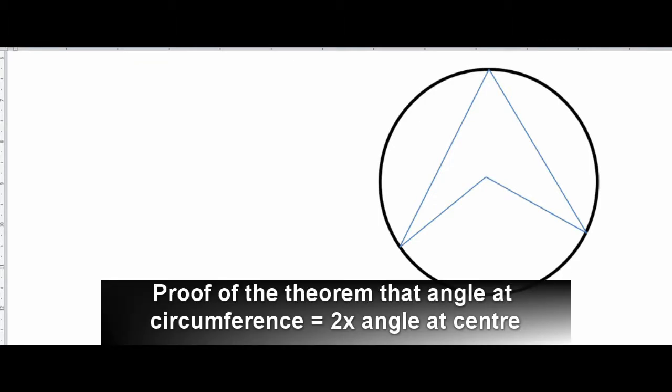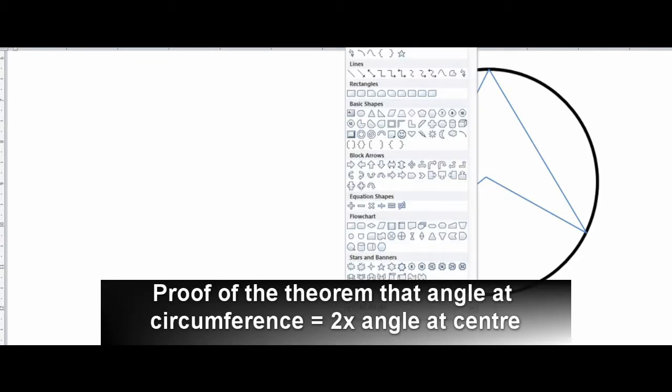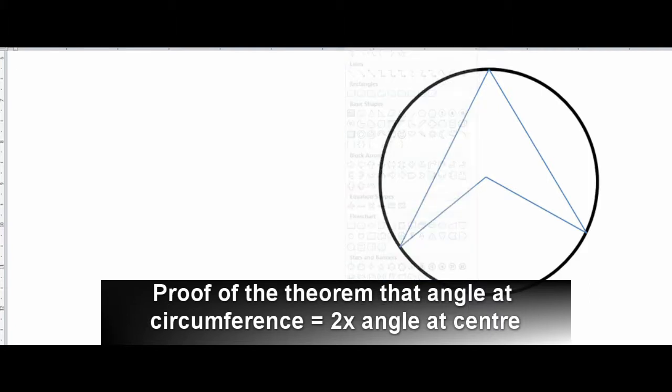Okay, so now I'm just going to quickly show a proof of this theorem. So the first thing to do is to connect the center here to this point here on the circle. So I'll just quickly join it. Okay, so this now gives us two triangles and we can start labeling the angles. But before I label the angles, I just want you to appreciate that both of these triangles are isosceles.